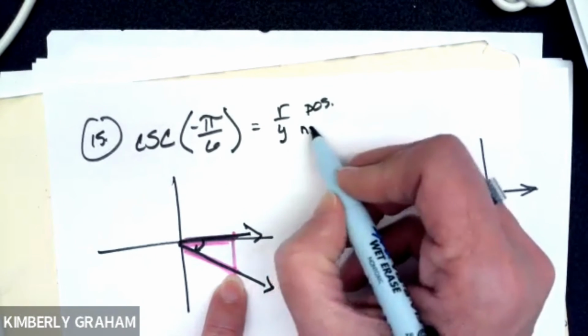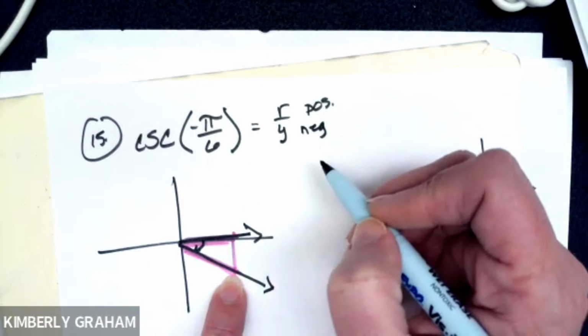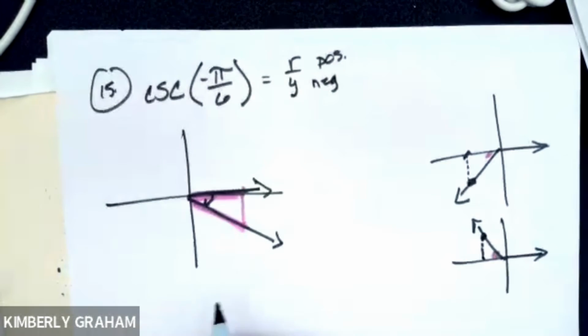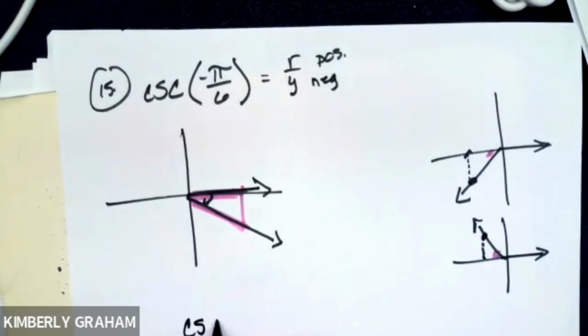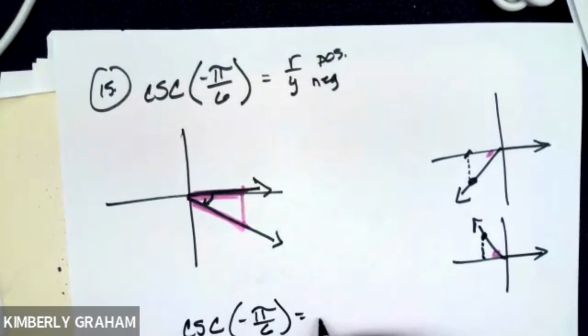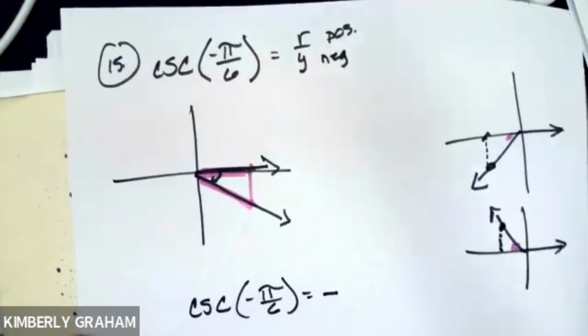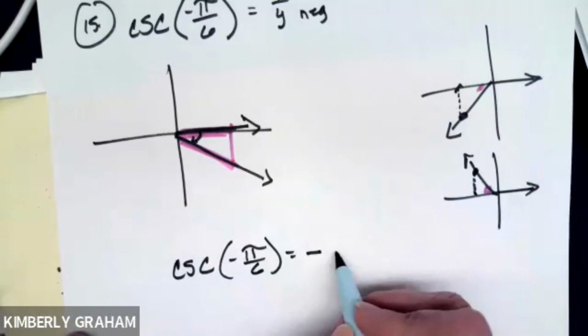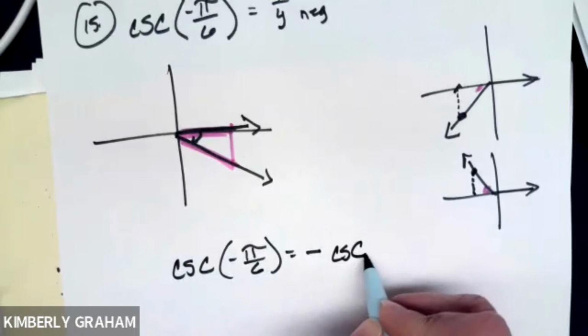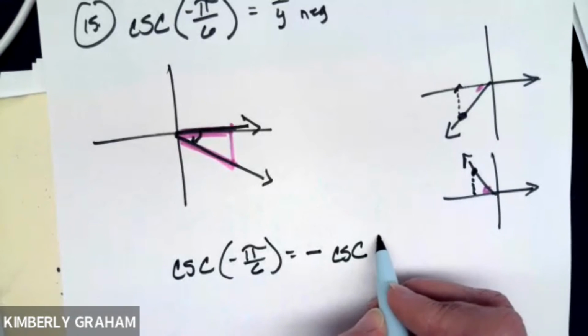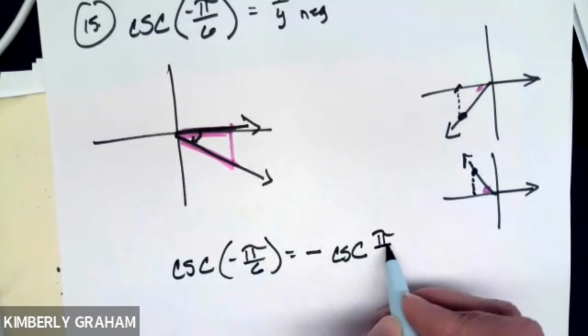Well, the y coordinate is going to be negative, right? So I know that cosecant of negative pi over 6 is going to be the negative of the reference angle's value. And my reference angle was pi over 6, right?